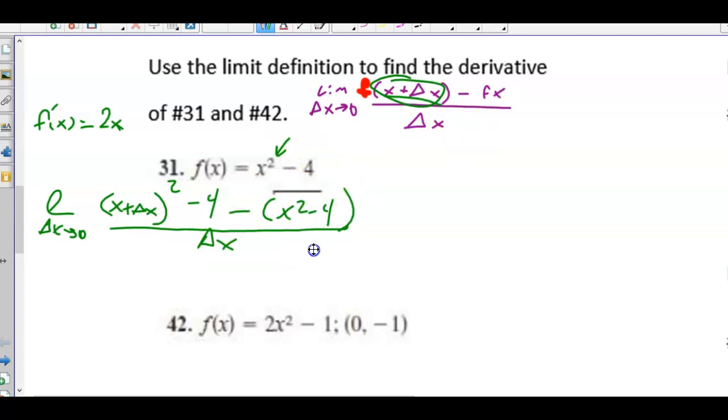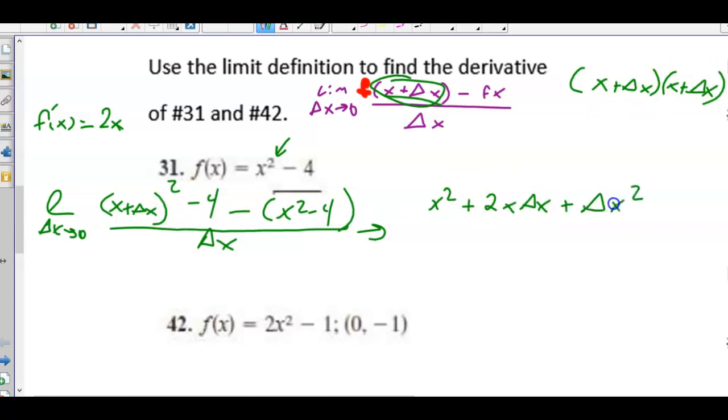So there's the function. Now, when you square this, x times x is x squared. Then x times delta x is x delta x, and you do that twice, so that's 2x delta x. Just write that out twice like this. And then delta x times delta x is delta x squared.